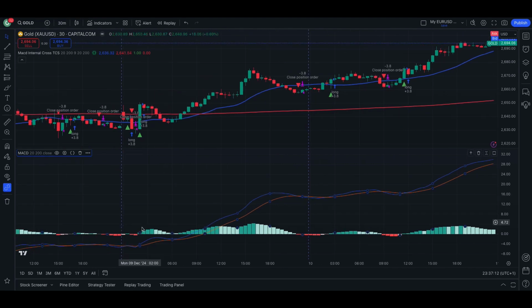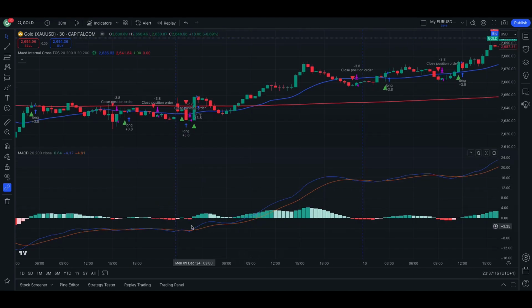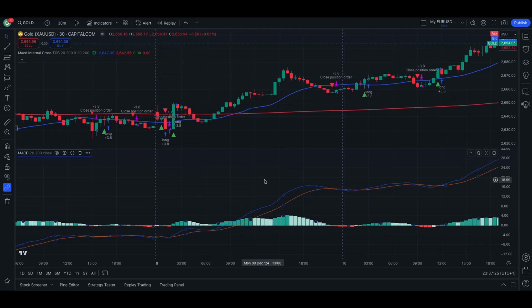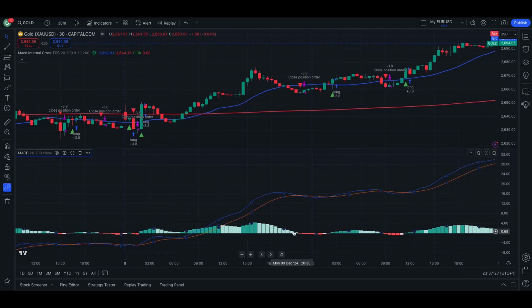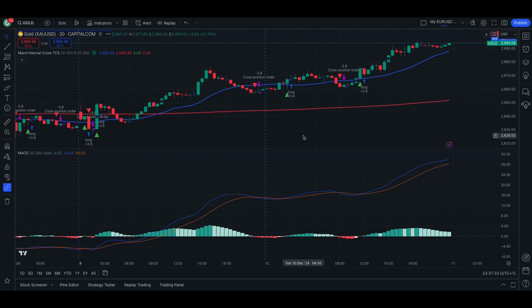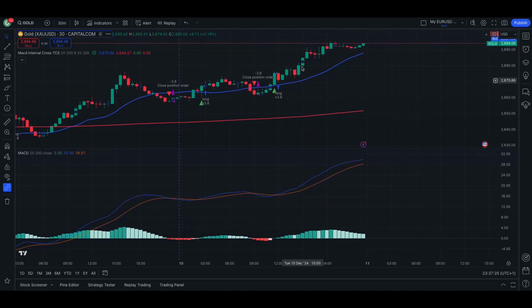We can see that we are buying here, right? When it changes from red to green, we buy exactly in this candle. This is the line here. And we sell where the green changes to red, which is here. So from here to here, not terrible. The same thing, right?